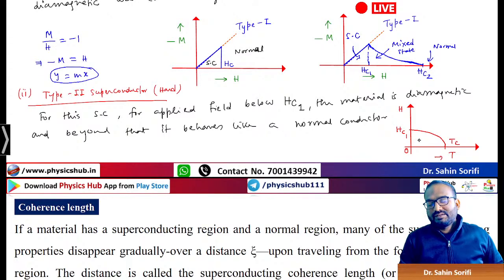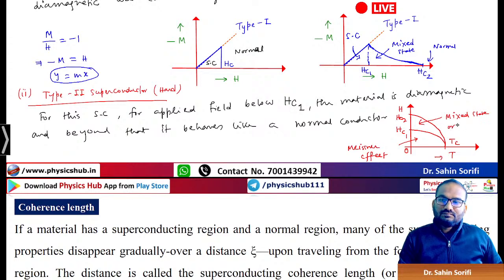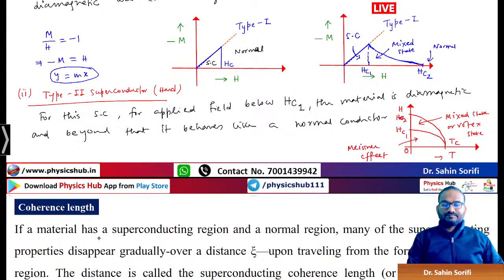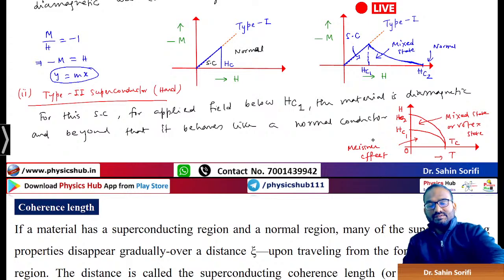Here you will get complete Meissner effect, complete superconductor. Between Hc1 and Hc2 is the mixed state, also known as vortex state. And beyond Hc2 there is no superconductivity left in them. This graph is parabolic.